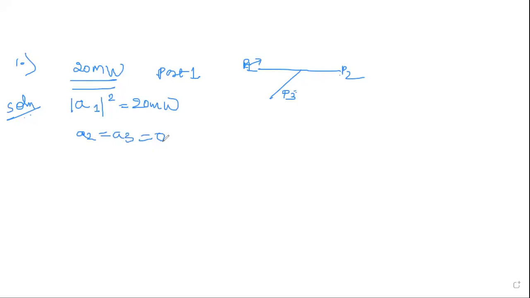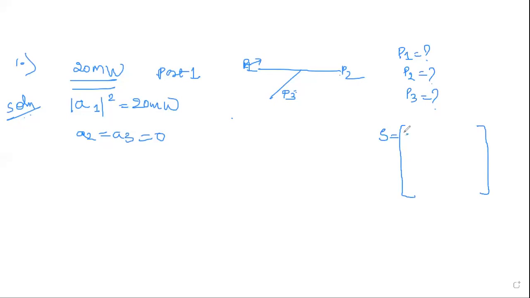The question is, you need to find out the power delivered through each port. That means, what is the power across port 1, across port 2, and across port 3. Now, the first thing is to write down the S matrix of the H plane. You have derived it. Just turn your pages back, see H plane.